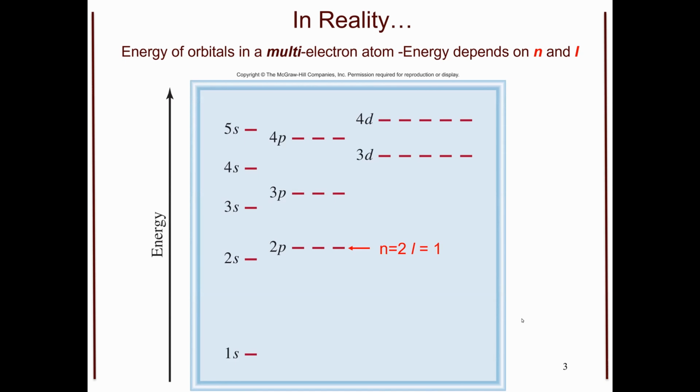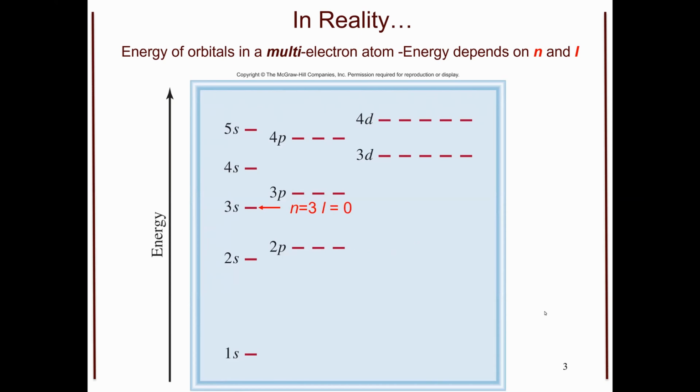In the case of the true multi-electron state, our subshells have different energies from each other, and the orbitals within a subshell have the same energy. This can be true for most things, but as you go into further chemistries, you will see that even sometimes the orbitals have different energies.